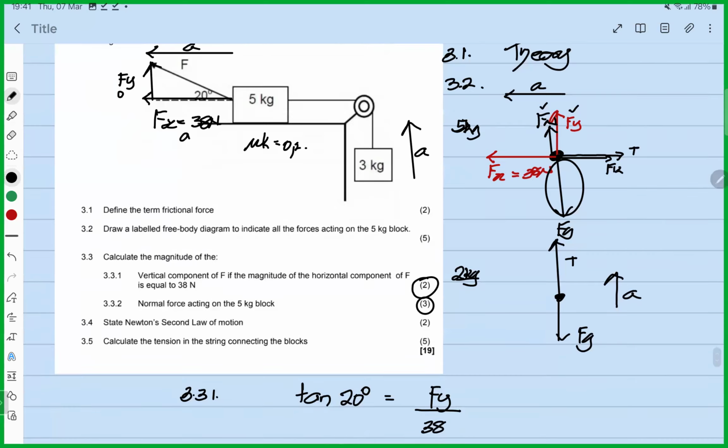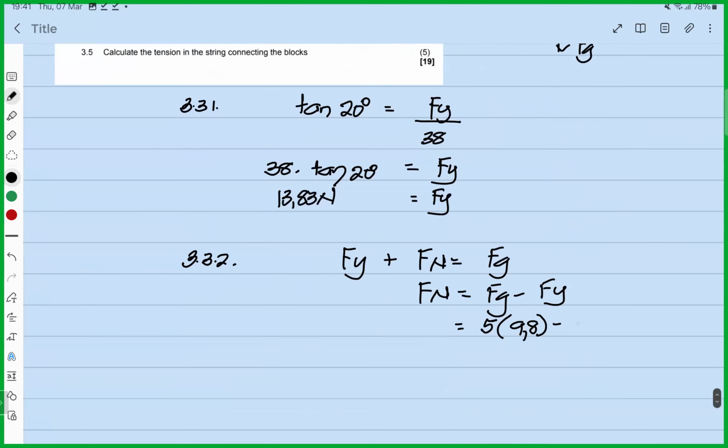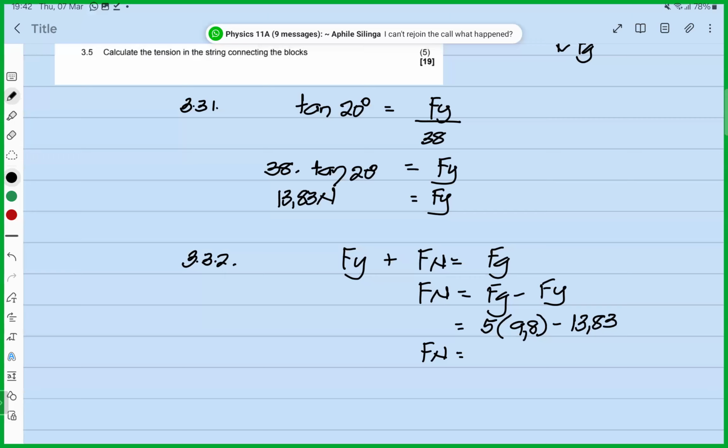And the Fy was 13.83. What's the normal force? So 35.17.